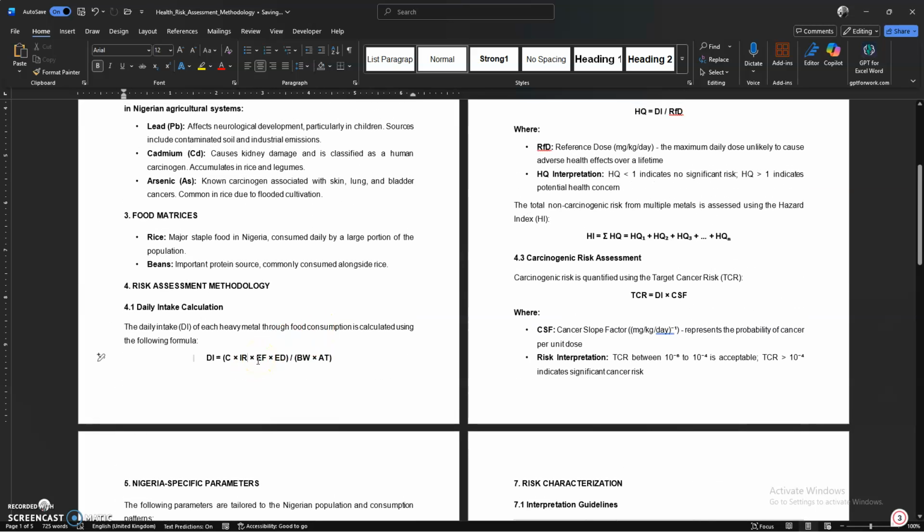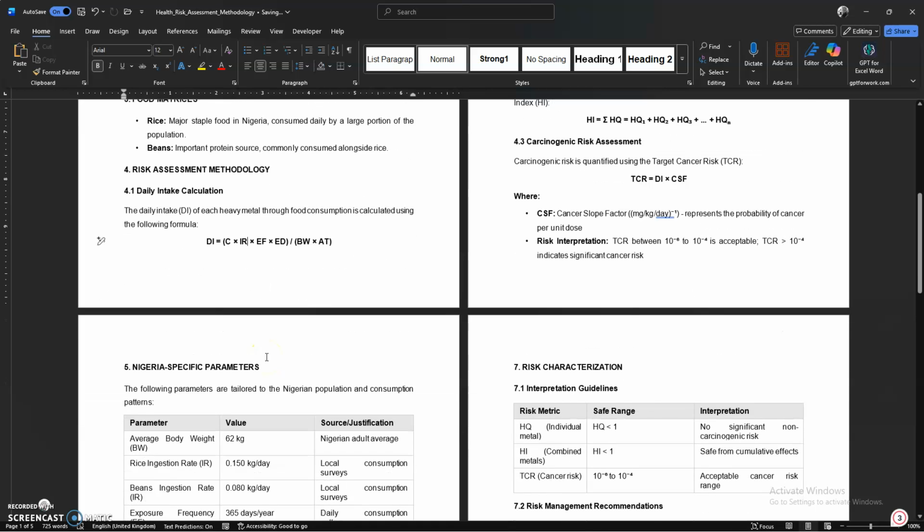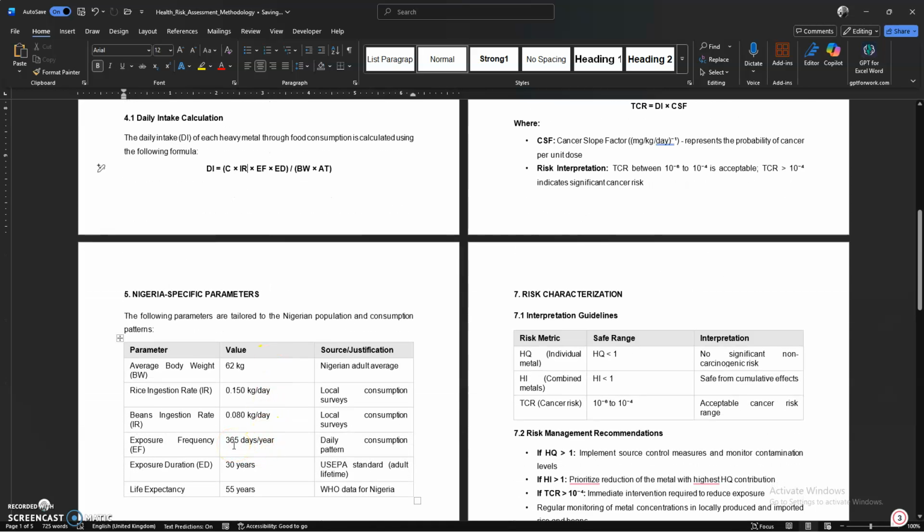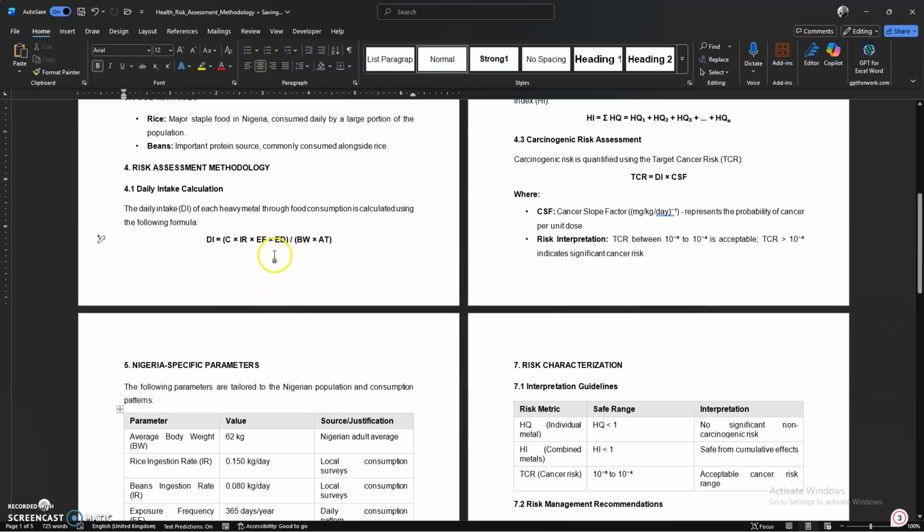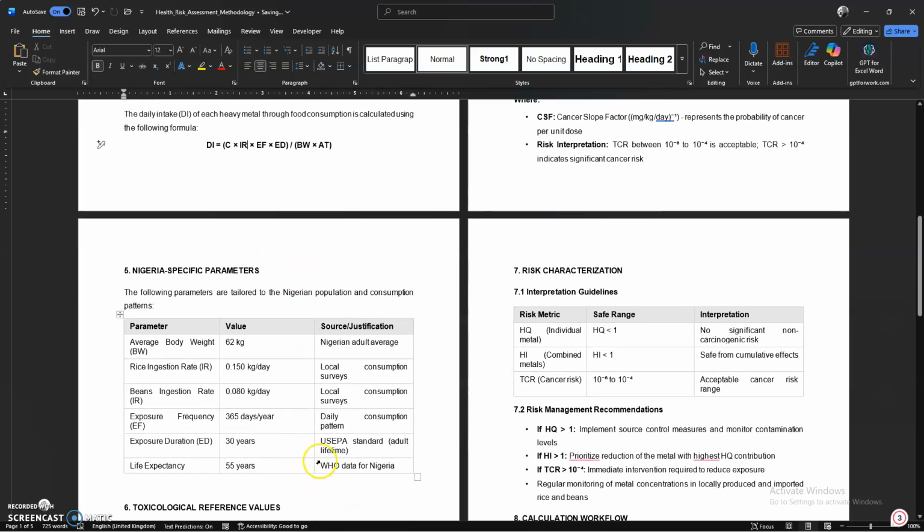The exposure frequency: how long are they exposed to eating rice? Most times they use 365, assuming they eat rice every single day, but you can actually reduce this number, probably to 350, let us say they don't eat it every day. Then for exposure duration, normally US EPA says we should use 30 years, but some people use up to 50 years or 70 years, depending on how much time they'll be exposed to eating rice.